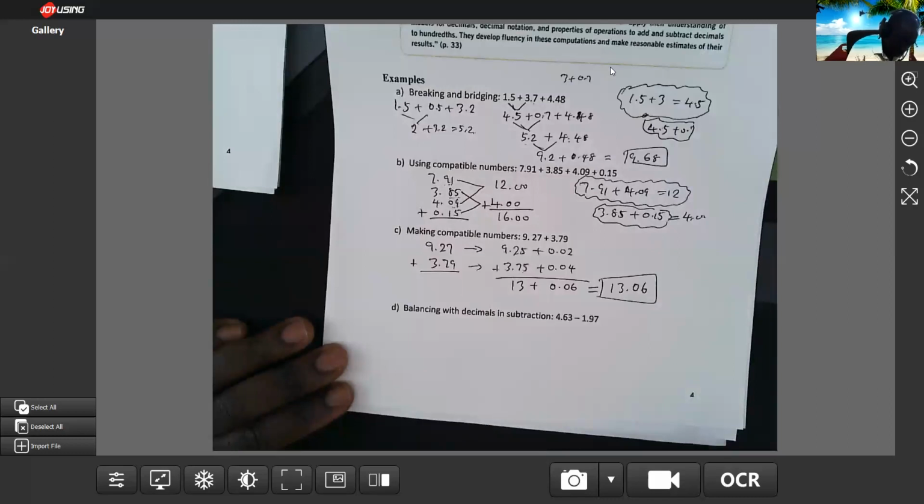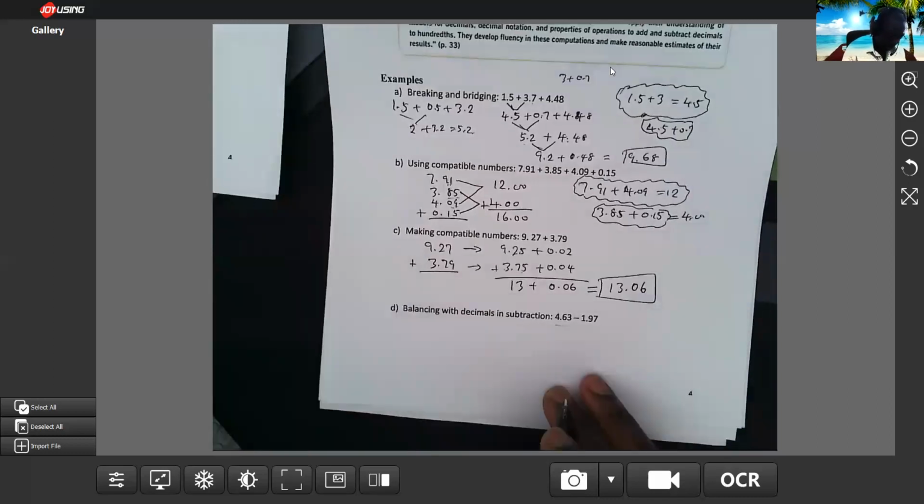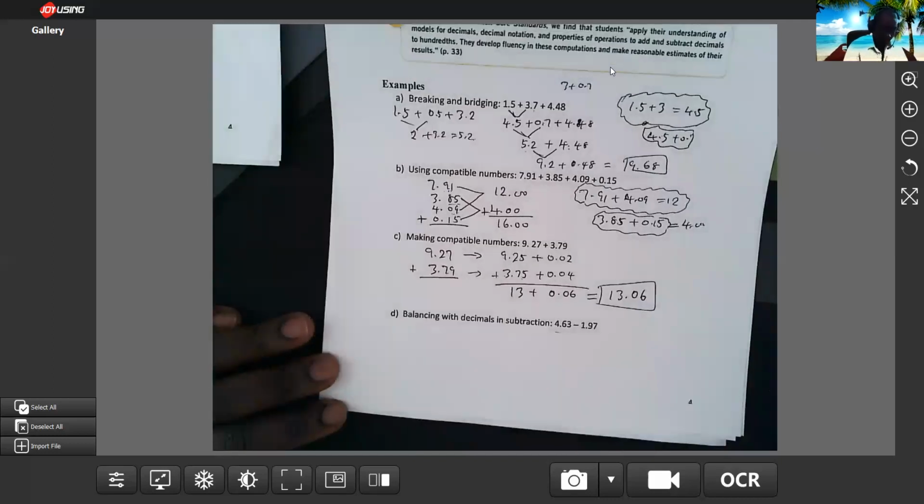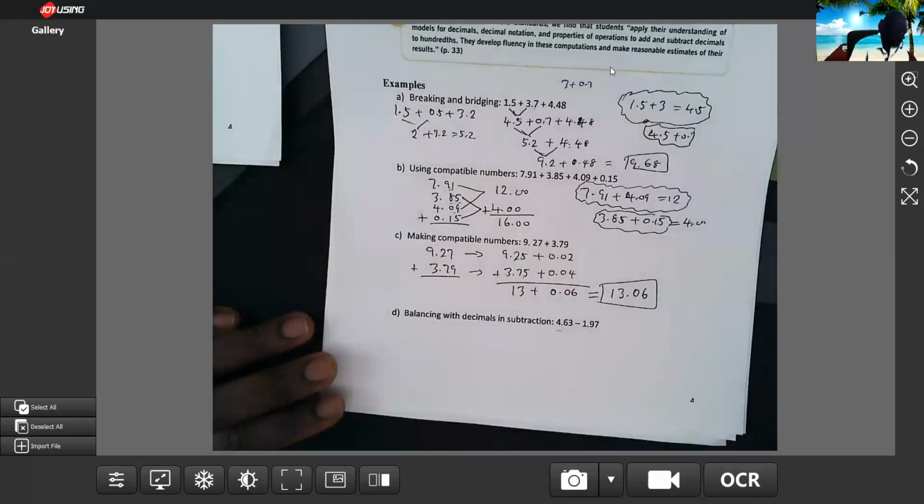And then let's look at one with what? With subtraction, balancing with decimals in subtraction. Okay, if you remember when we did subtracting whole numbers, we said that adding what? Equal addends, right? So that is exactly what we are going to balance this with there.